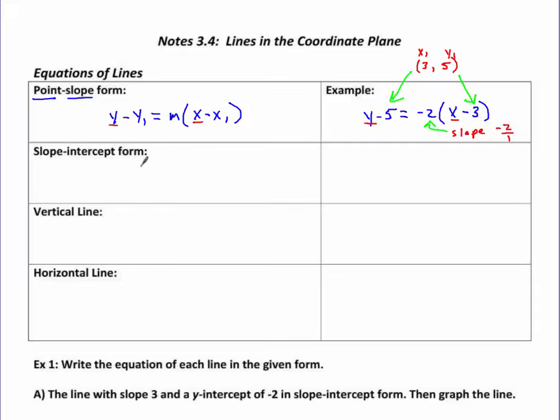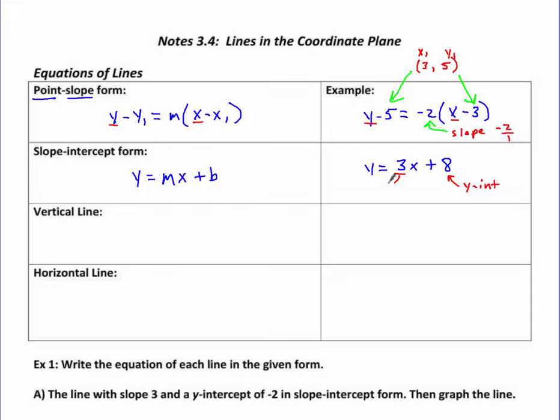Okay, slope intercept form. This is the one everybody's a little more familiar with. It's in the form of y equals mx plus b. So an example of that would be y equals 3x plus 8. And again, when we look at this one, it tells us things too. The 8 is the y-intercept, so this line will cross the y-axis at 8.